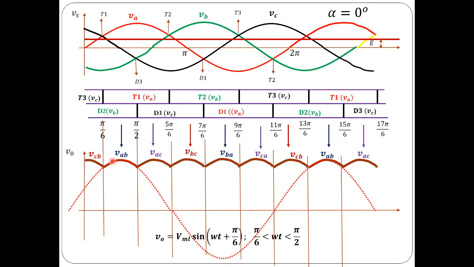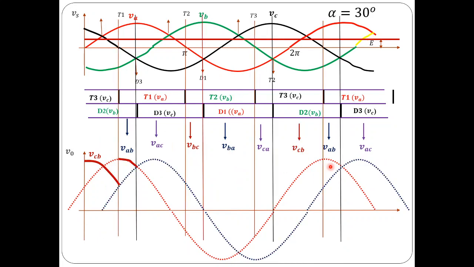From pi by 6 to pi by 2, the output voltage is the same as VAB, which is equal to VML sin(omega t plus pi by 6). And since it is a 6 pulse converter, the average value would be very close to the peak value. That is what is shown here.